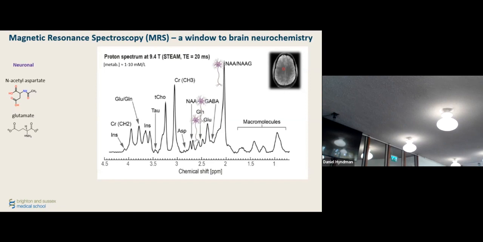Most importantly is the strongest peak in the spectrum, which belongs to the CH3 group that you see here of a molecule called N-acetylaspartate. This is what we call a neuronal metabolite or neuronal marker, of which the function has been identified, but we don't really have the time.